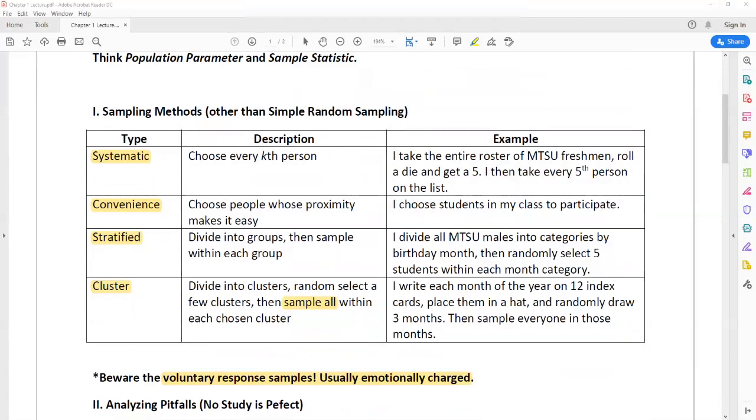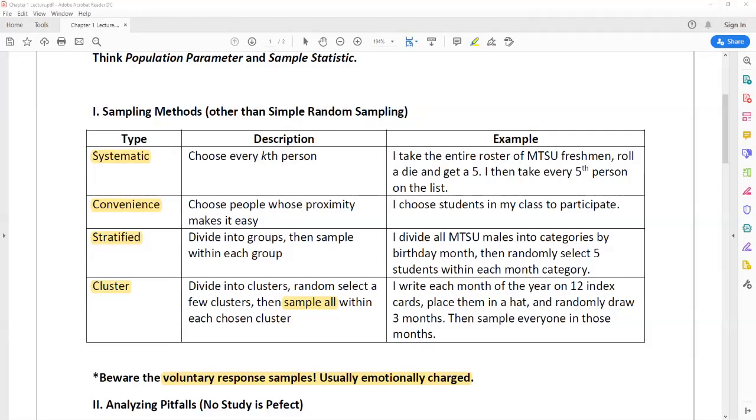So you may ask your computer, or maybe you have an app on your phone that can generate random numbers, and you tell it to generate a random number between 1 and 20. And let's say that the random number generator happens to give you 13. So as principal, you will go out in the hallway, and every 13th student who comes by, you will ask them, hey, who would you like to see nominated for Teacher of the Year?